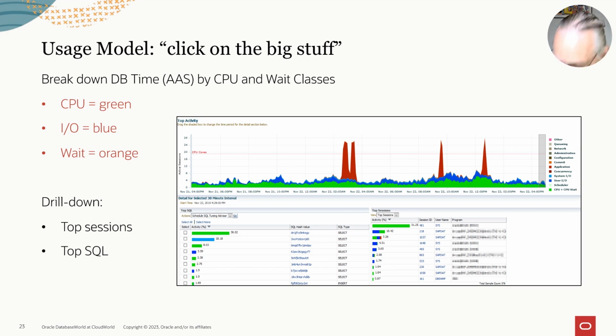So that means a large bunch of users, or one or more users, all of a sudden stalled out, so that's a performance incident. And then we have the associated drill downs. The color coding is actually pretty important. I alluded to it earlier, but we try to maintain it whenever we show an activity chart. We want CPU to be green, IO to be blue, and other wait to be some flavor of orange or red.